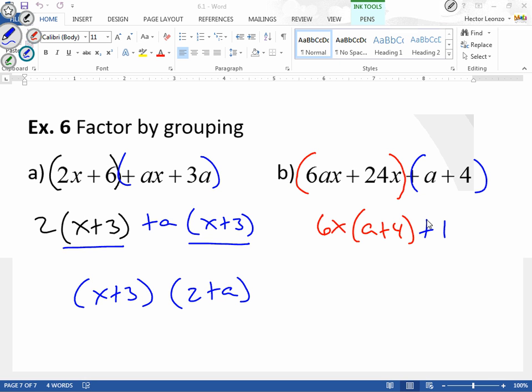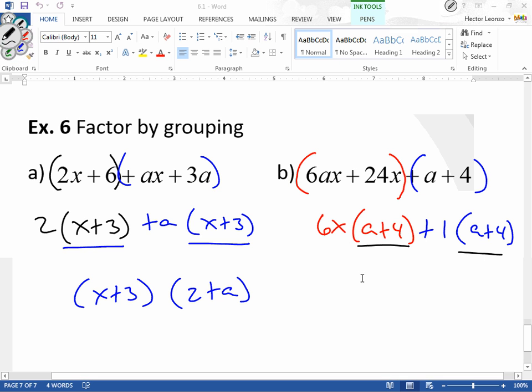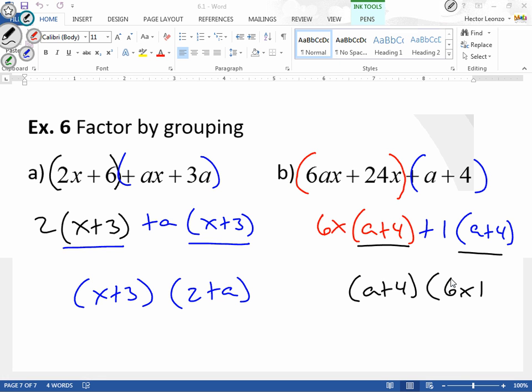Remember, if we don't see anything, 1 will be the greatest common factor. So I'm going to factor out 1. If I divide both of them by 1, I'm going to have a plus 4. I see my common parentheses. So one of my factors is going to be a plus 4, and my other factor is going to be 6x plus 1. So this is going to be nice when we have four terms. We're going to do it by grouping.